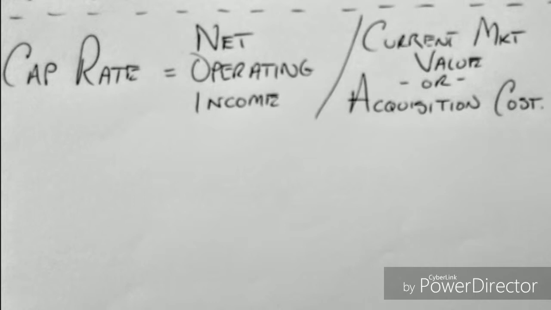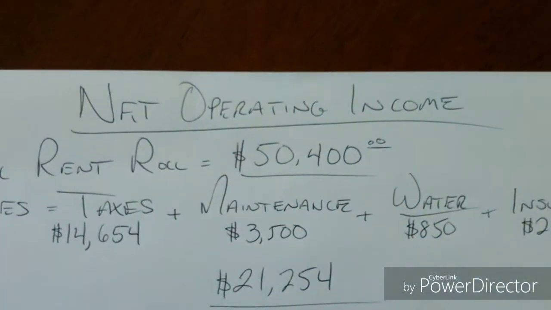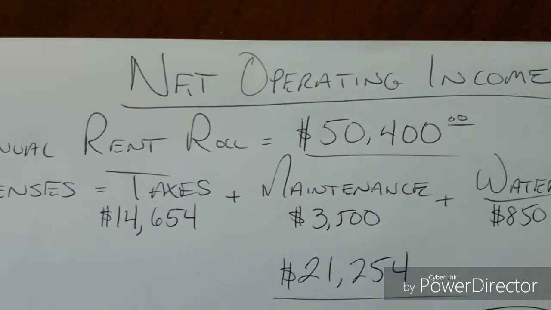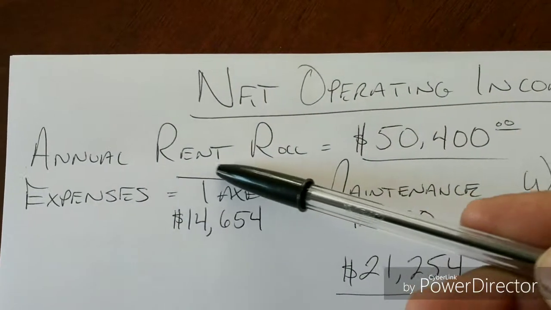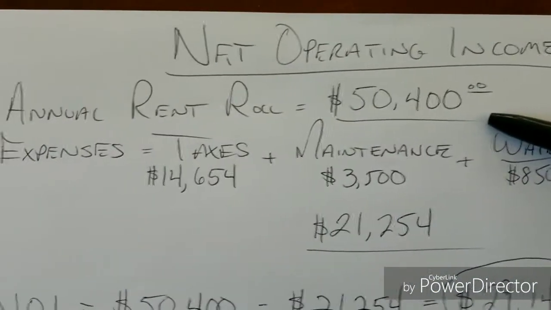Now, I know we didn't go over net operating income and how we solve for that, so I'm going to do that very quickly. This is how we come up with our net operating income. Simply take our annual rent roll, which we already know is $50,400.